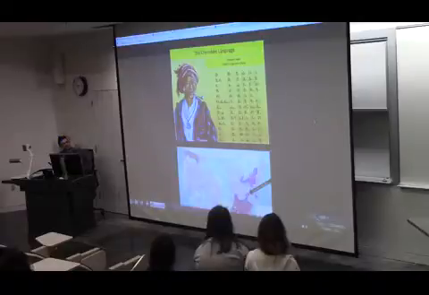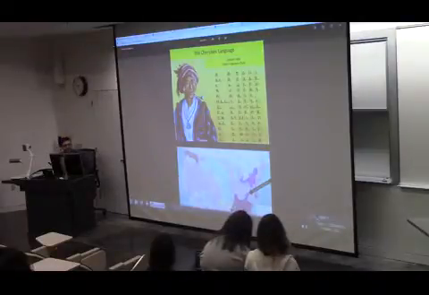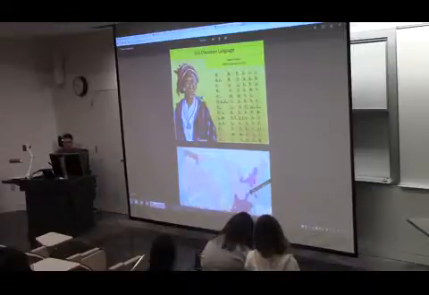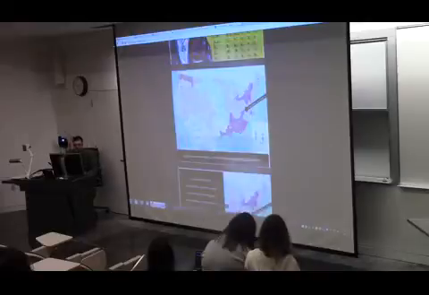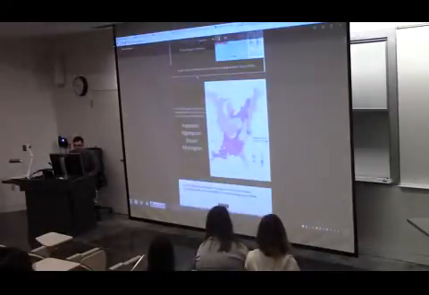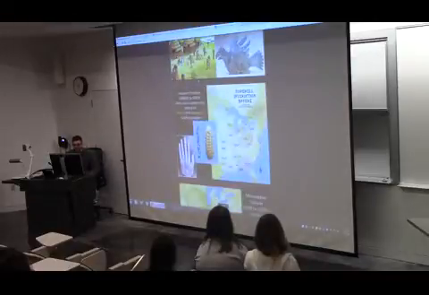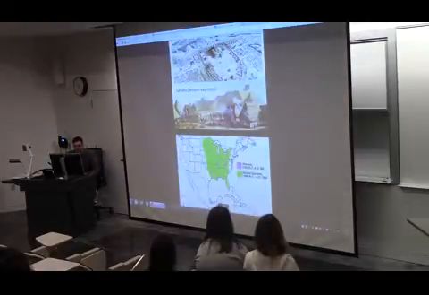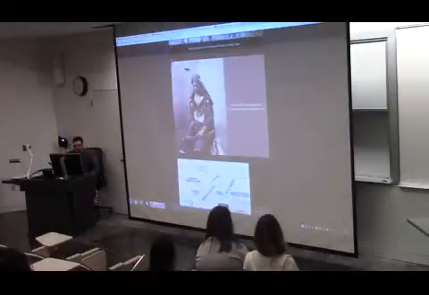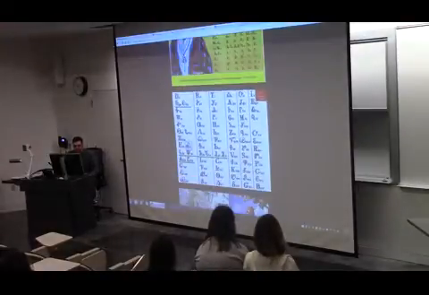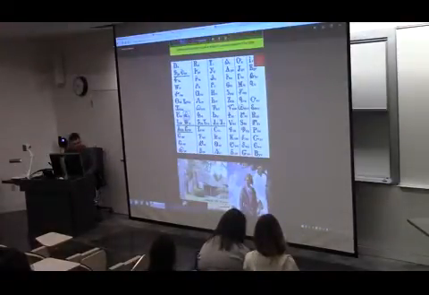So this is Sequoia, a Cherokee who actually independently came up with this syllabary. And there's a whole bunch of really cool stuff about demographics and where the language families came from.